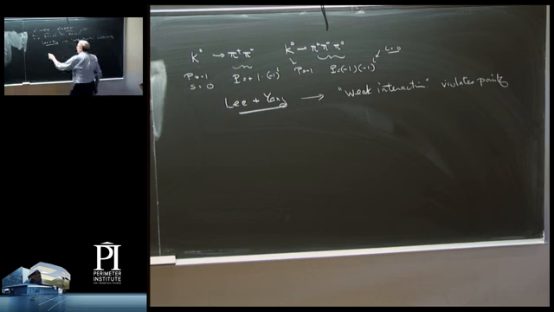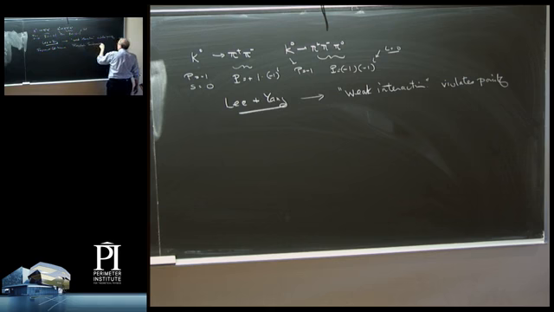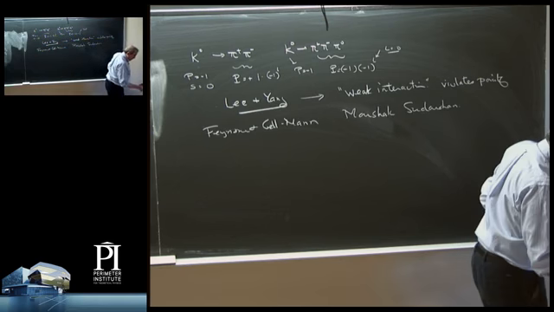So in a very short time after this discovery, Feynman and Gell-Mann, and independently Marshak and Sudarshan, wrote down the following theory that they proposed described the weak interactions.